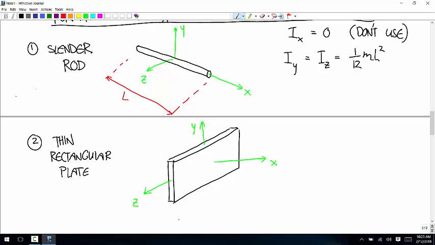And the dimensions, I'll call this B. This is C, and the about point is the center of this shape. The about point was the center over here, too.